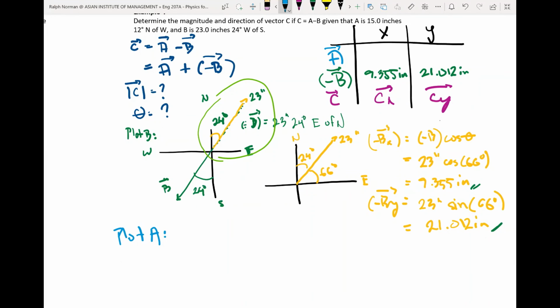Let's do it. So, my black. Okay, A is what? A is 15 inches, 12 degrees north of west. So it's in the second quadrant, right? Like we said earlier. Kind of like so. North of west, so this is the 12 degrees here.